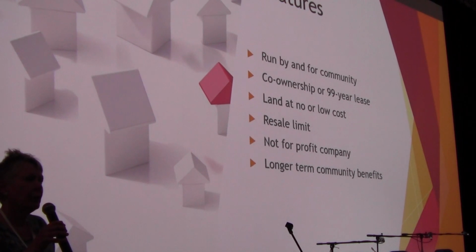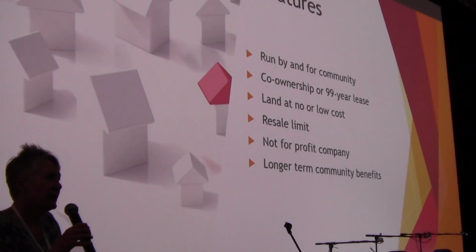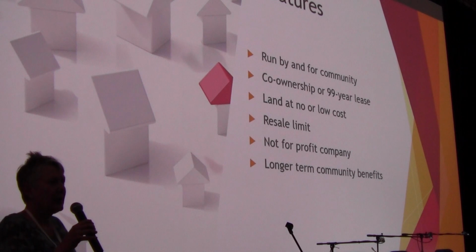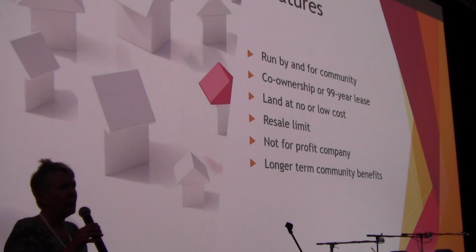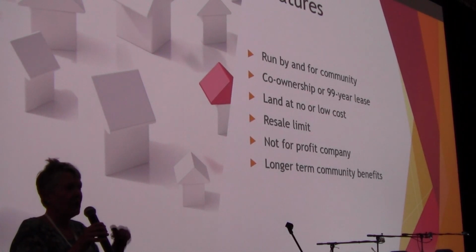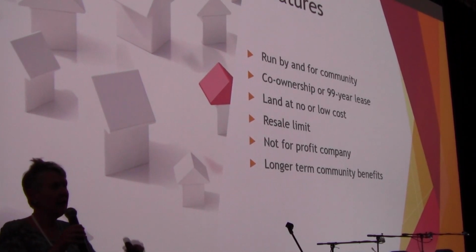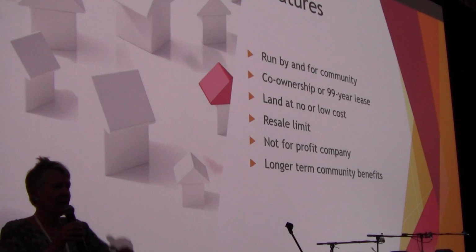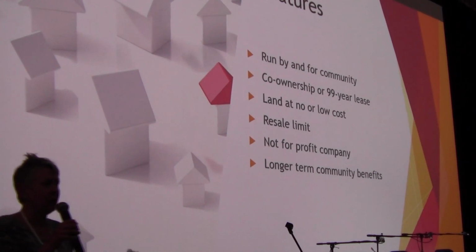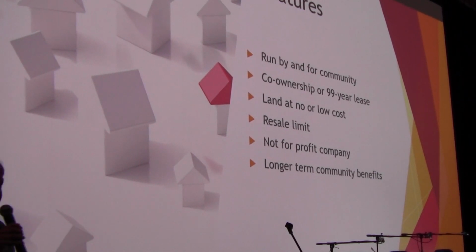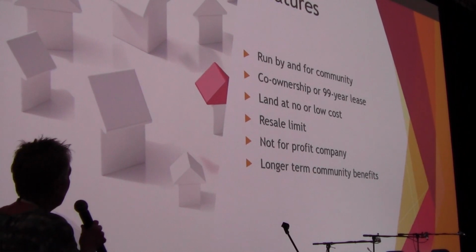And you would get what you had put in, plus the average of CPI and regional wage growth. So you would get your money back, unlike when you're renting, and you'd get a modest increase, which would then mean it was affordable for the next person.